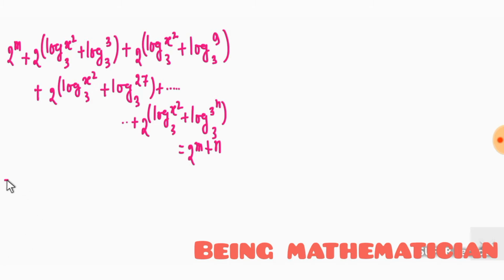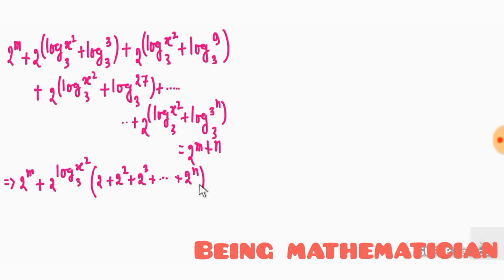Now from the expression we take common 2^(log x² base 3), and we get 2 plus 2² plus 2³ plus dot dot dot plus 2^n, which is equal to 2^(m+n).